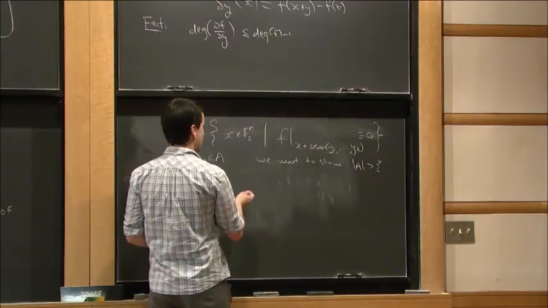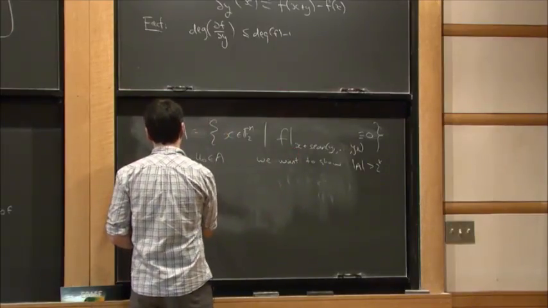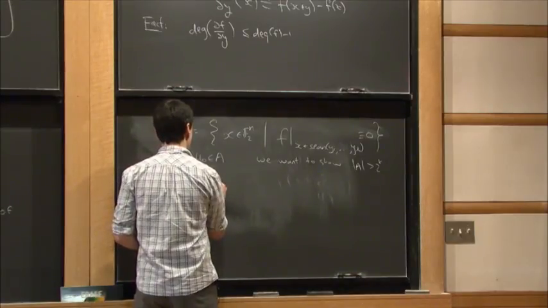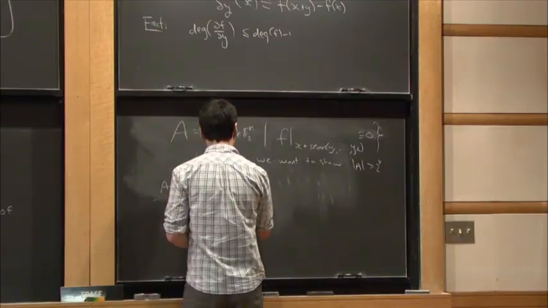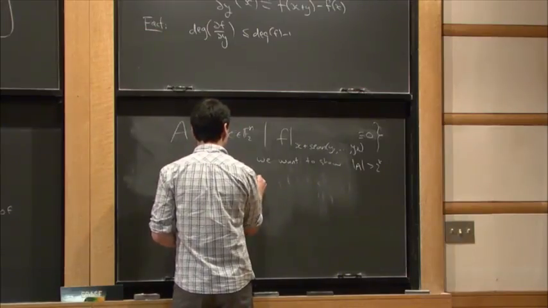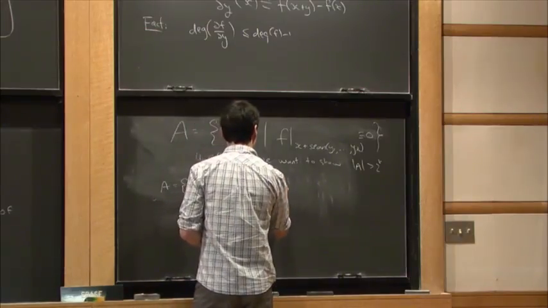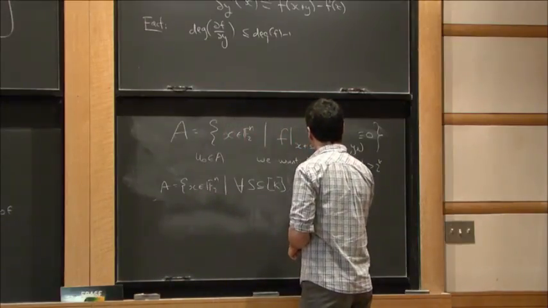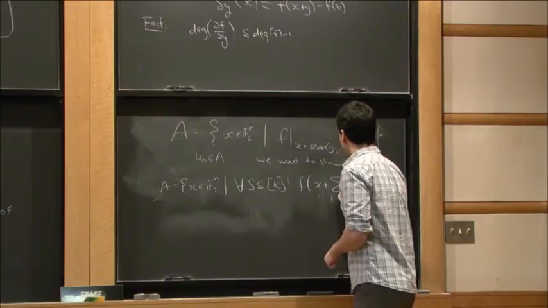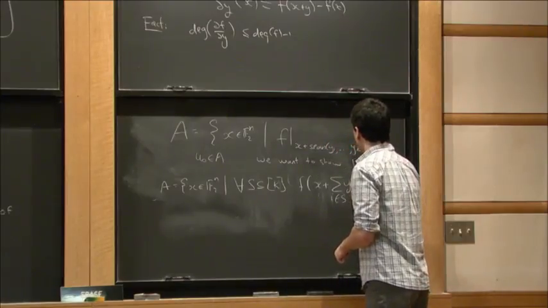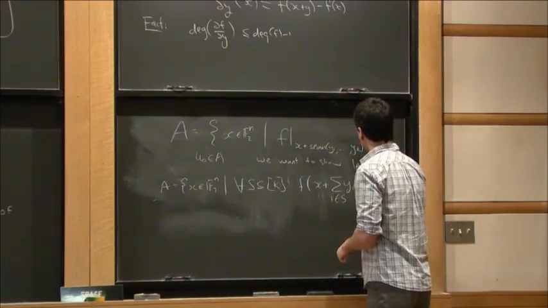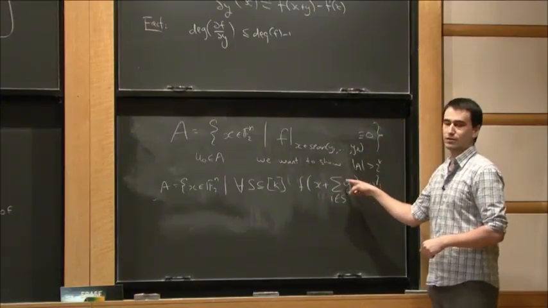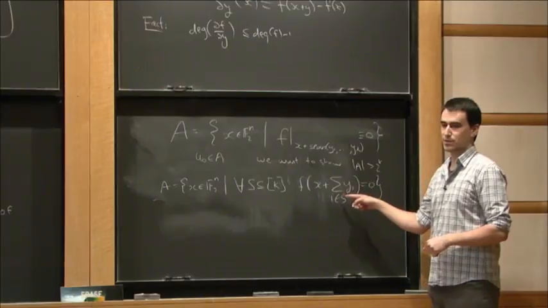We may interpret this as having 2 to the k equations. So for any subset of the numbers 1 till k, f of x plus the subset sum of the yi's should be equal to 0. This is just going over all the elements in the subspace.